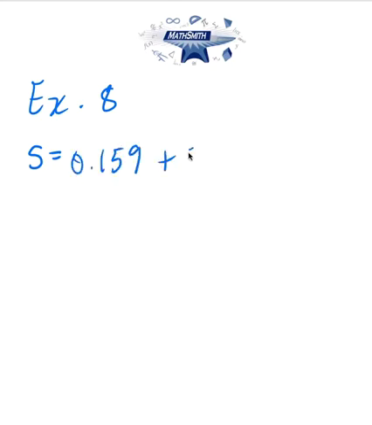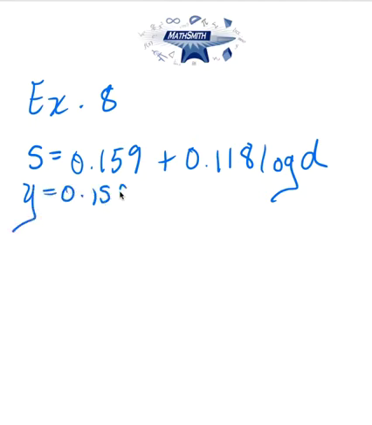S equals 0.159 plus 0.118 common log base 10 of D, the diameter of the sand. It says we're going to use the graph to estimate the average diameter of the sand particles for a beach whose slope is 0.2. I am going to cheat a little bit and give you the window to help you, because we're going to graph this. Obviously, this is going to be y equals 0.159 plus 0.118 log x.